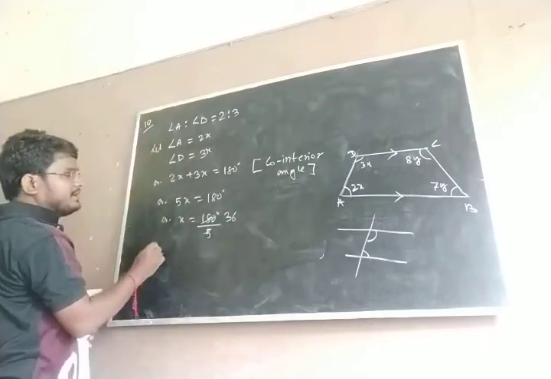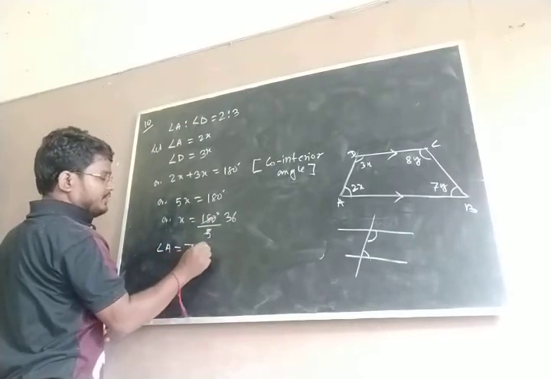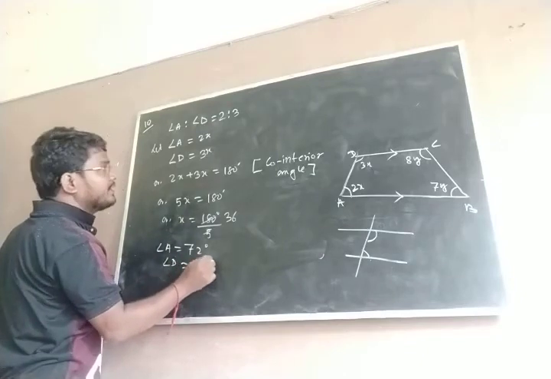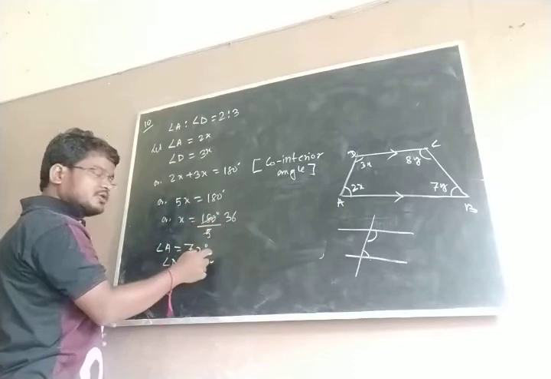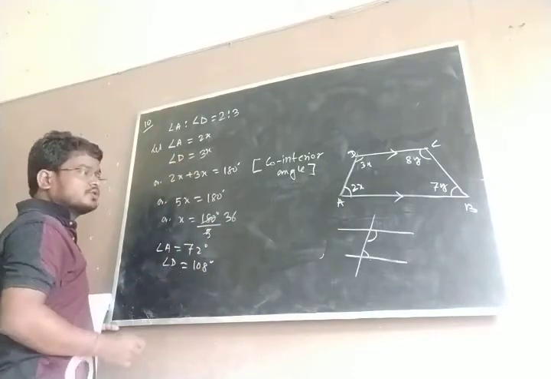Now first find angle A equals 72 degrees. Angle D equals 108 degrees. Why 72? It is given 2x, which means 2 into 36, that is 72. It is given 3x, so 3 into 36 equals 108.